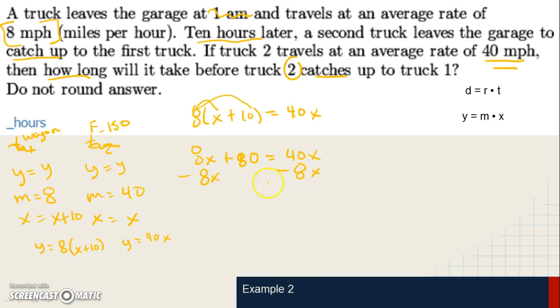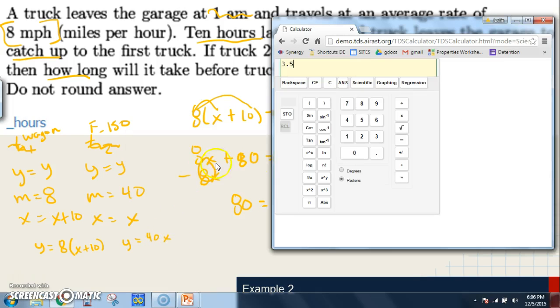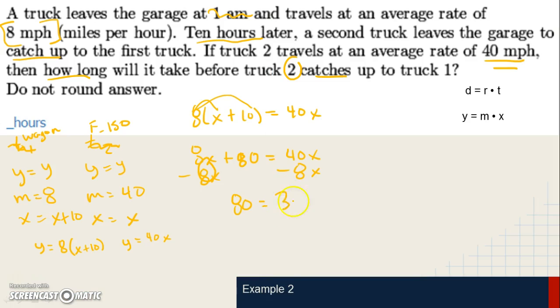Do it to both sides. 8x minus 8x is 0, and 0 plus 80 is just 80. These are like terms that we can combine. 40 minus 8, that I actually will put into the calculator. And the more I use this thing, the faster I get at it, so keep practicing it.